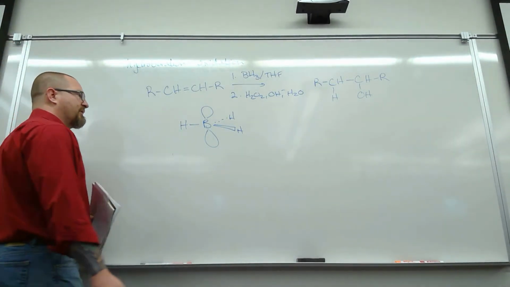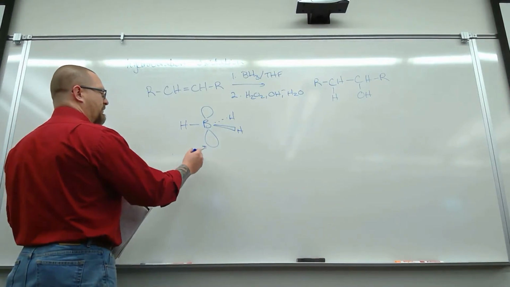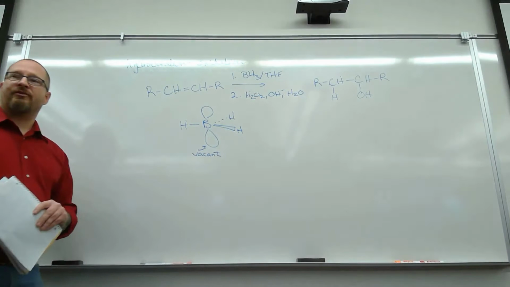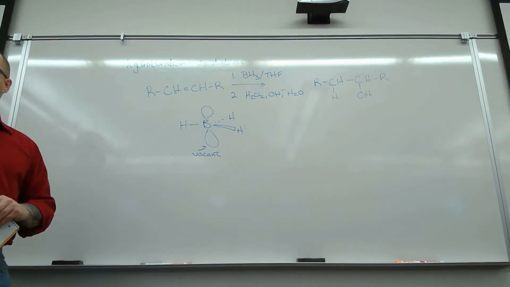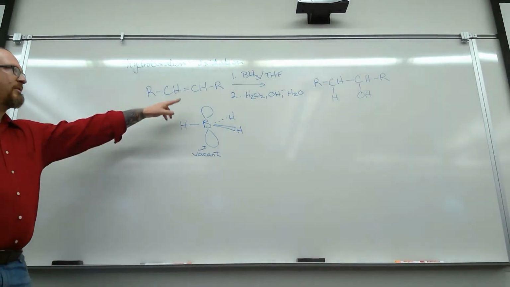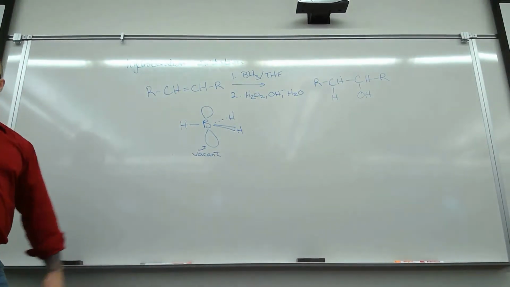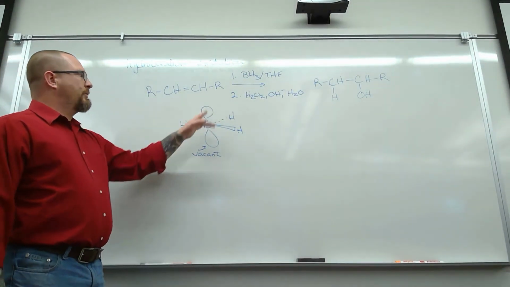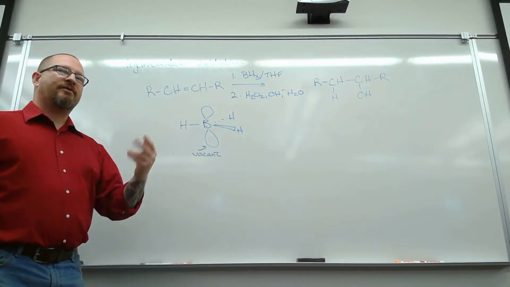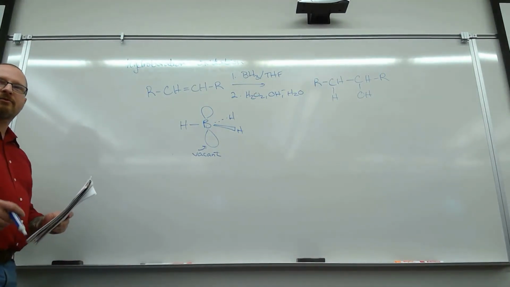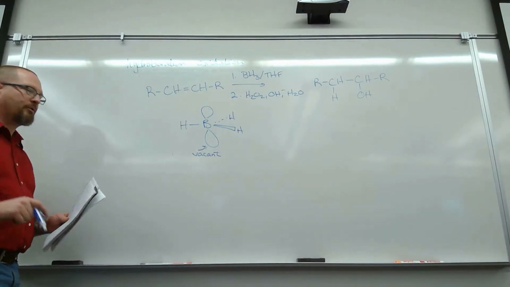However, because it does not have an octet, and this is a vacant p orbital, it can accept electrons as an electrophile as part of a nucleophilic attack. So at this point, you're thinking, aha, now I know where we're going with this, because we have this nucleophile with all this extra electron density in the alkene pi bond, and now we have an electrophile, so now I can see where this is going to go. And you'd be correct for a little bit, but then it gets counterintuitive pretty fast.